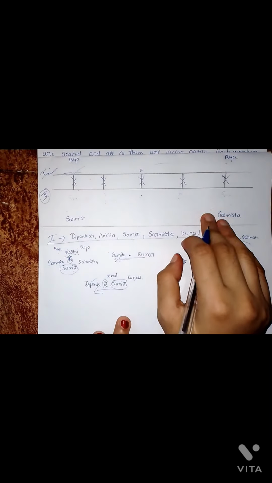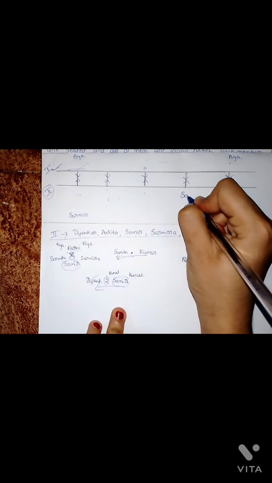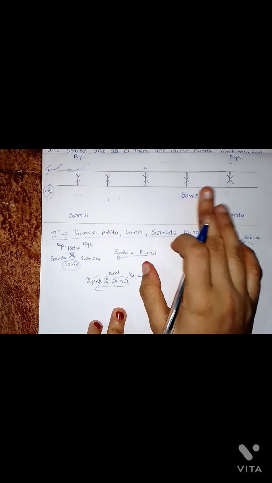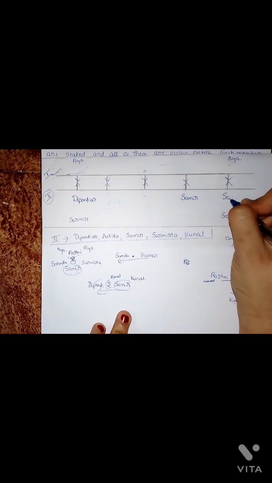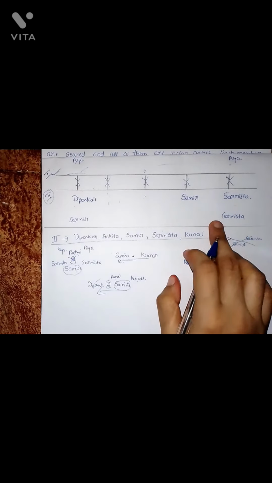So instead of placing Samir here, I am placing Samir here. If Samir comes here, we have to leave two spaces, and here Deepankar. If Deepankar comes here, Sharmishta should come here, because Sharmishta will be placed either on the right hand or the left hand.